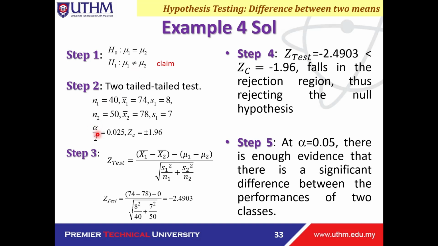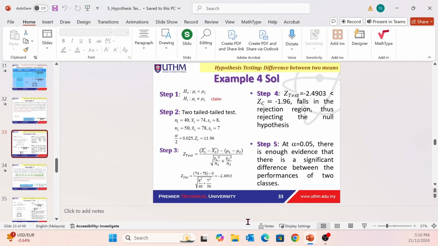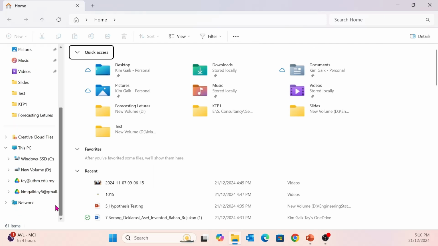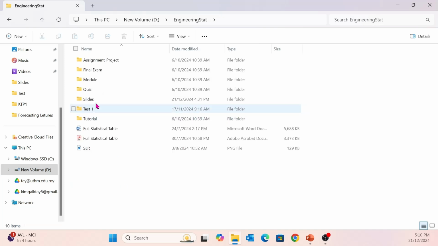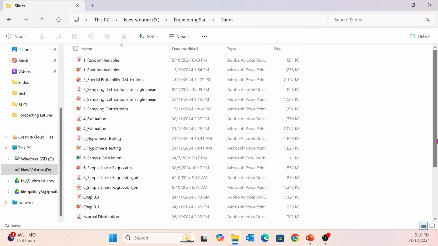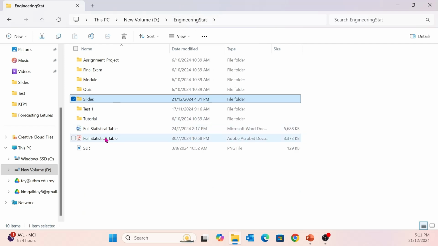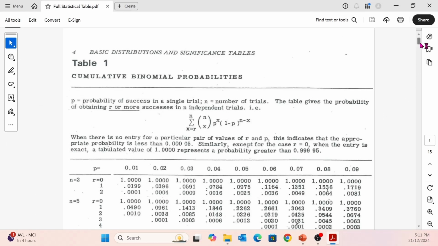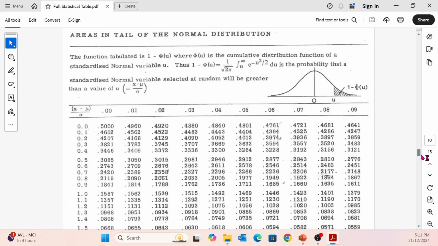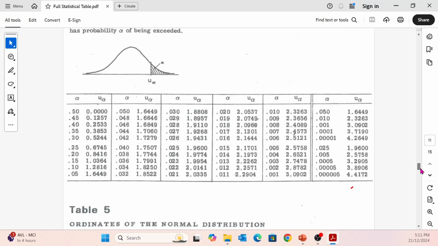Because it's a two-tailed test, alpha is 0.05 and alpha over 2 is 0.025. Then the Z critical value: we use table 4 because it is the Z distribution, with alpha over 2 equal to 0.025.